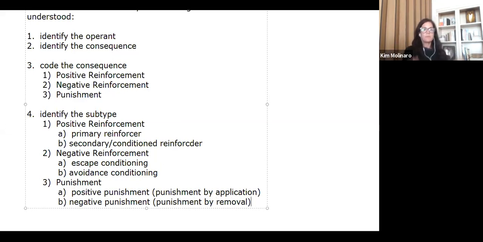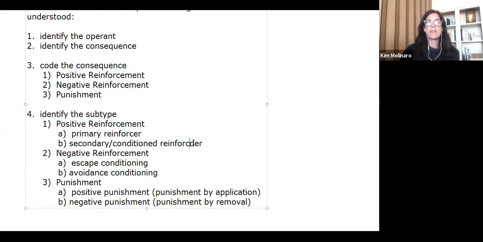So at the end of our discussion today, you'll be able to identify the operant: "Mom, can I have a cookie?" You'll be able to identify the consequence: "Sure, honey, here's the cookie." You'll be able to code the consequence, whether it's positive reinforcement, negative reinforcement, or punishment, and you will be able to identify the subtype.